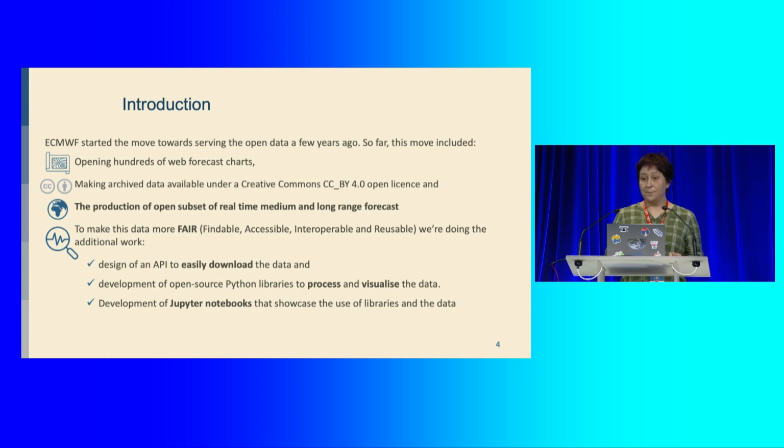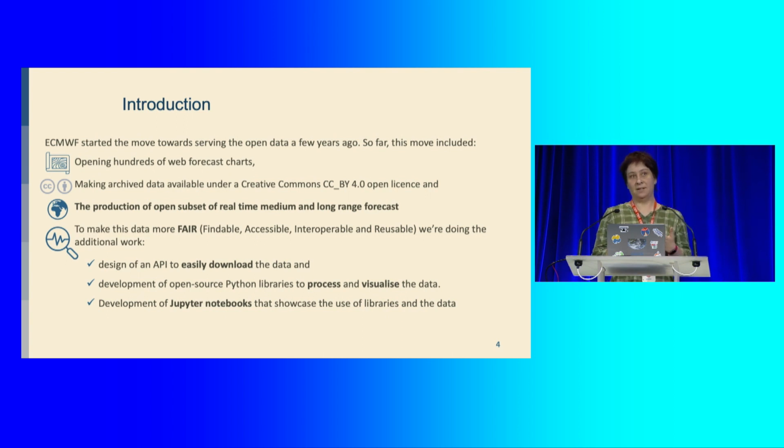Since January 2021, we opened a subset of our forecast. Some of the most important parameters at reduced resolution are now open. But you can't just open meteorological data, because if anybody of you tried to use it, it comes in very specific meteorological formats, and some parameters are very specific to meteorology. So we needed to make an extra effort to make this data FAIR.